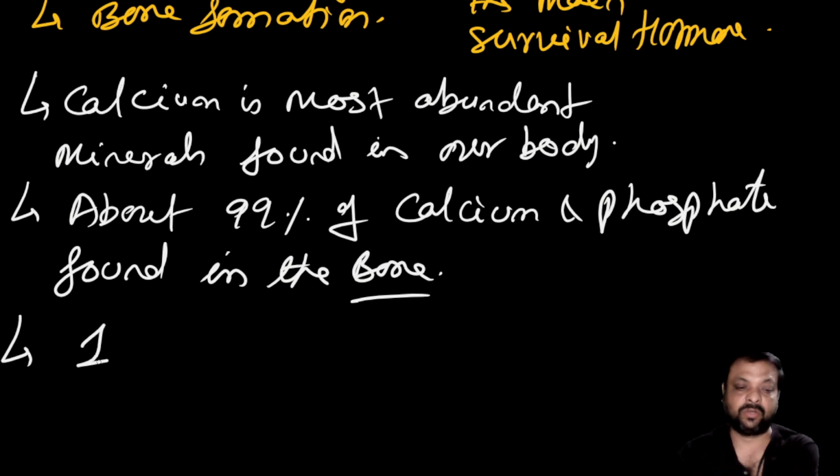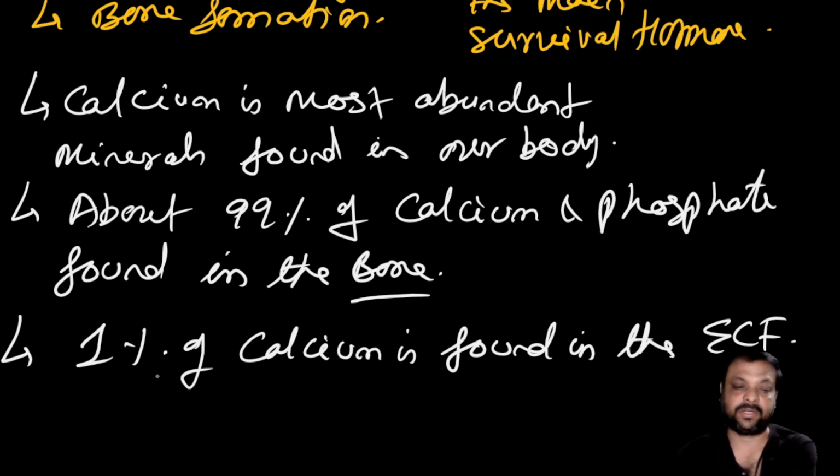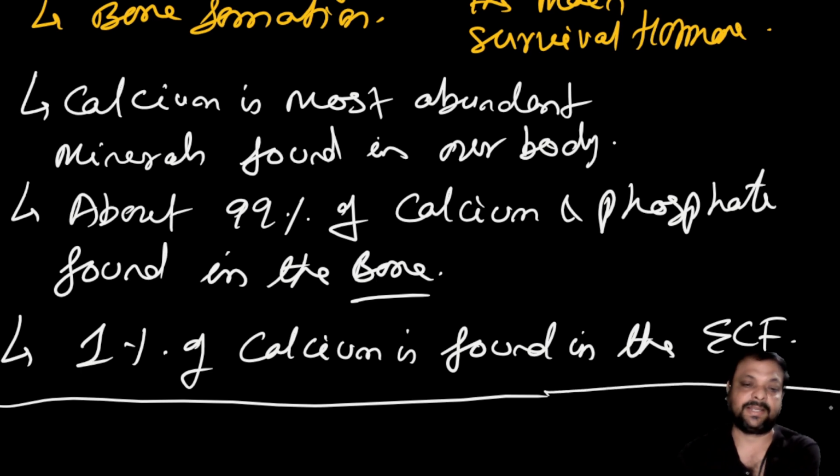It means only 1% of calcium is found in the ECF. Got it? So this is the composition of calcium. Normally calcium is the most abundant mineral found in our body. 99% of calcium and phosphates are compactly present inside the bone, and only 1% of calcium is present in the ECF.